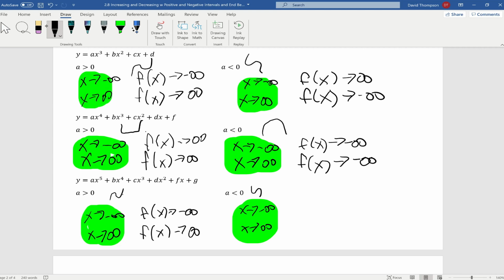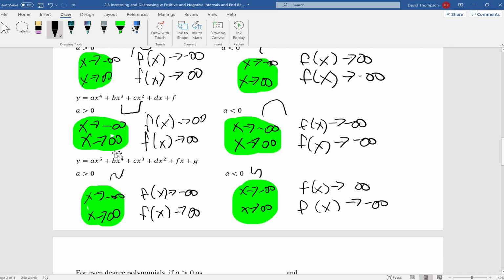So we'll say on the left, as x approaches negative infinity, f of x is going to approach positive infinity. And then on the right, as x approaches positive infinity, f of x is going to approach negative infinity. So let's summarize those statements.